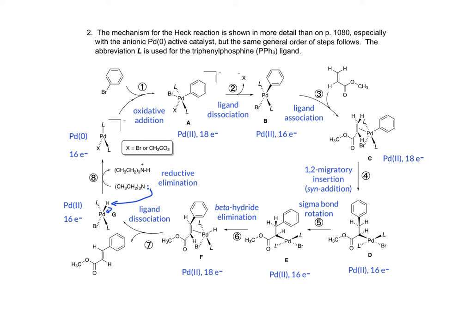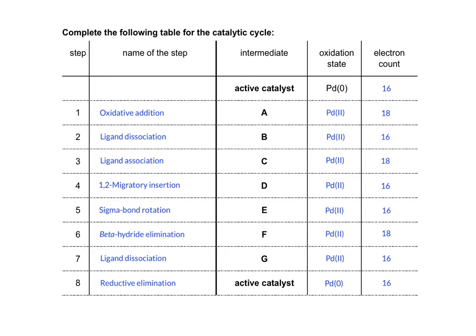At the bottom of page 3, I have filled out the table corresponding to the steps shown in the catalytic cycle above. The active catalyst is palladium in the zero oxidation state, 16 electron count.